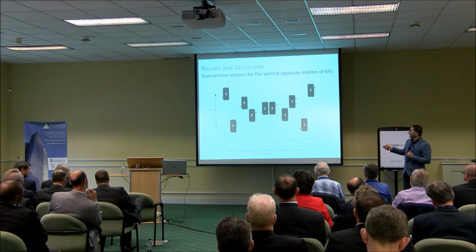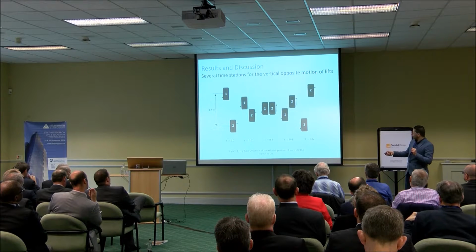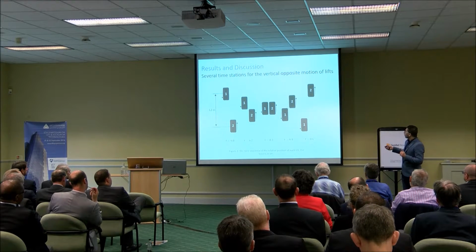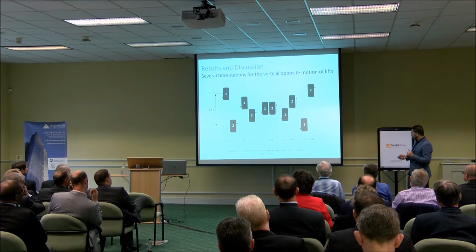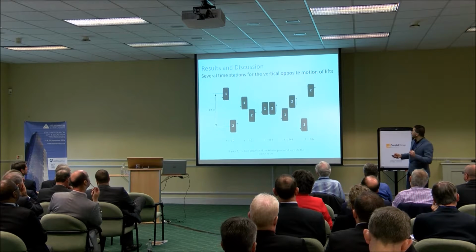The cars will be aligned side by side at t equals 0.3 seconds, and the crossing event will be finished at t equals 0.6. So this is the scenario.